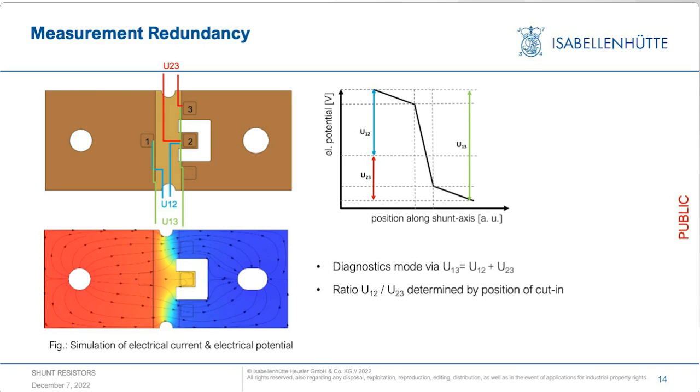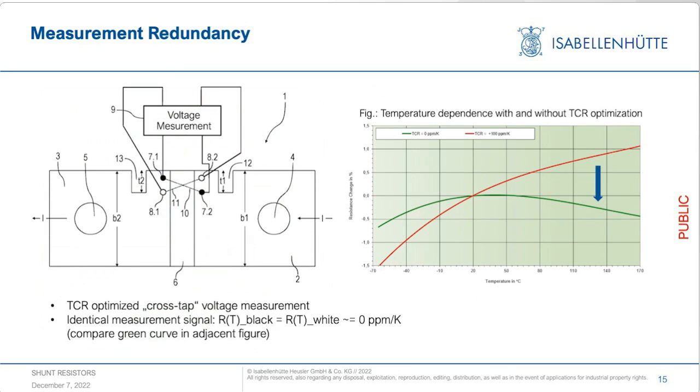Thus, for such an application, this shunt design is very favorable as you can implement a redundant measurement with one sensing device.